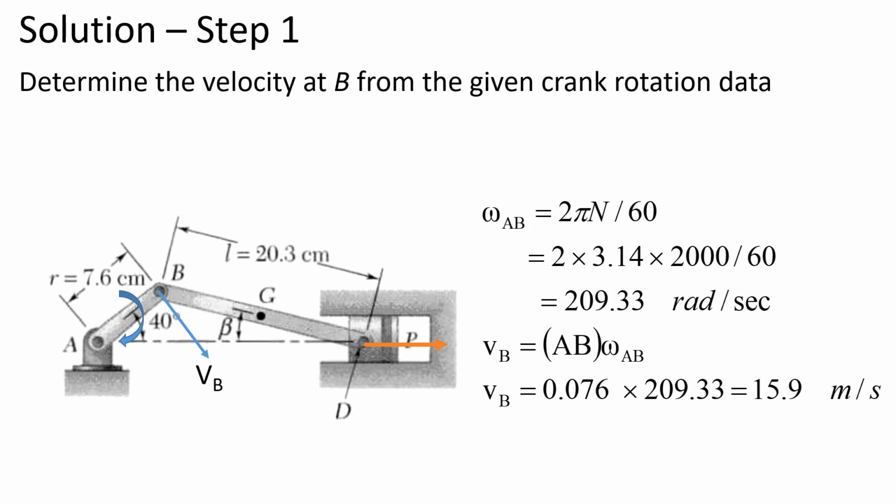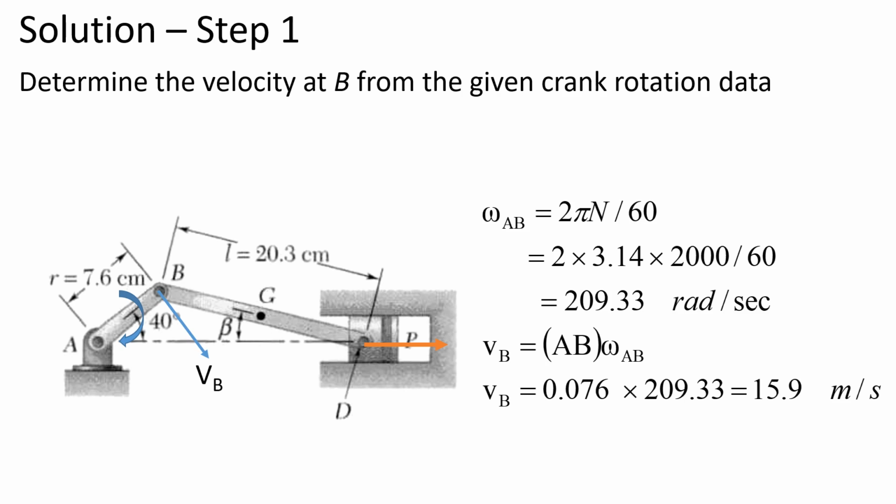So from this, Vb can be calculated as AB into omega AB, from the formula v equals omega r. Now put the value of AB in meters, 0.076 meter, into the omega value, that is 209.33. It will give us a value of 15.9 meters per second.